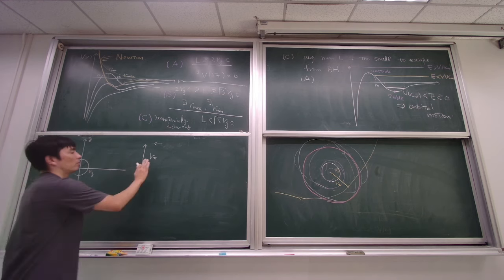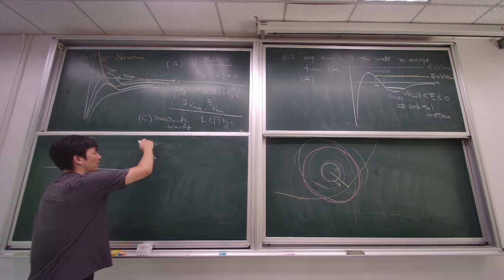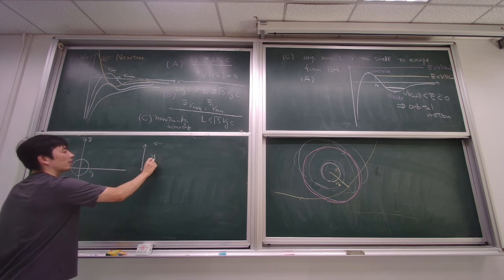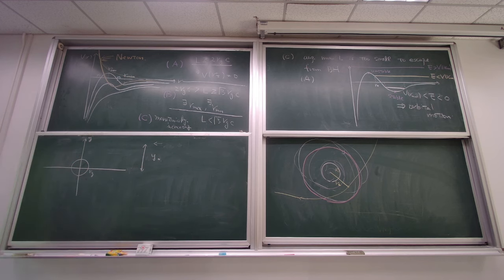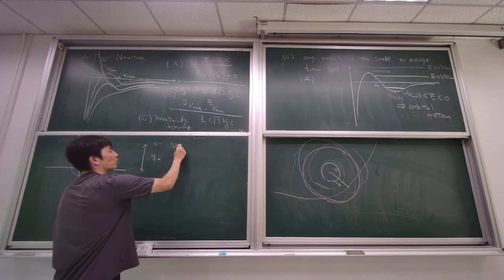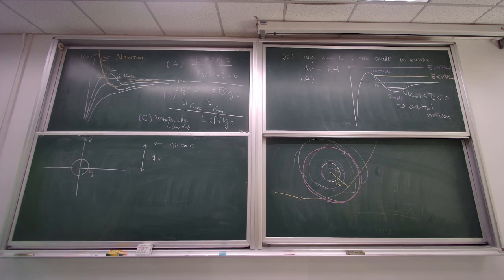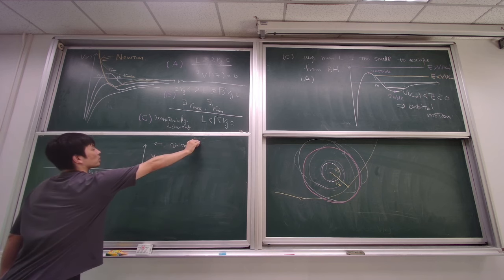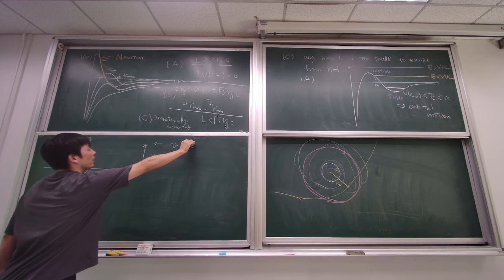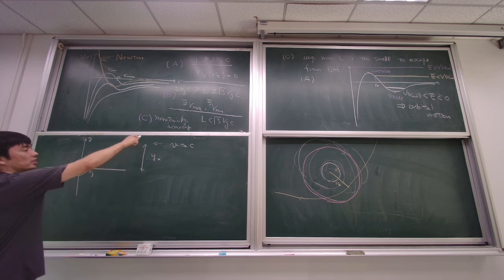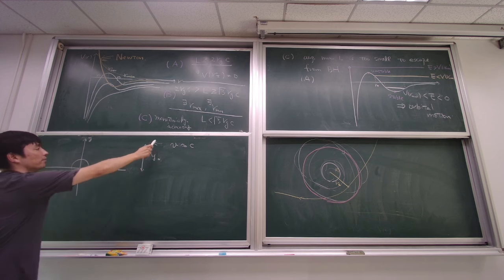Or distance y star along the y-axis. I wouldn't say radius, I mean distance. The initial speed is almost the speed of light, so the energy is almost infinite, and we will see what happens. We send the particle with infinite energy, and if this distance is big enough, it bends like this.